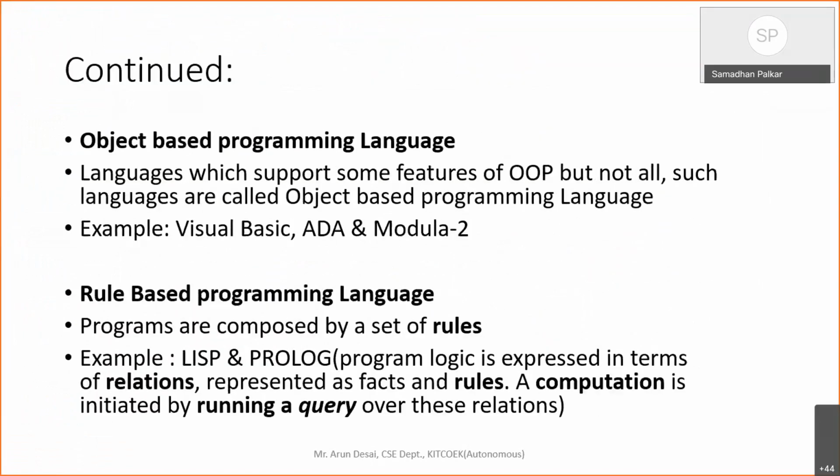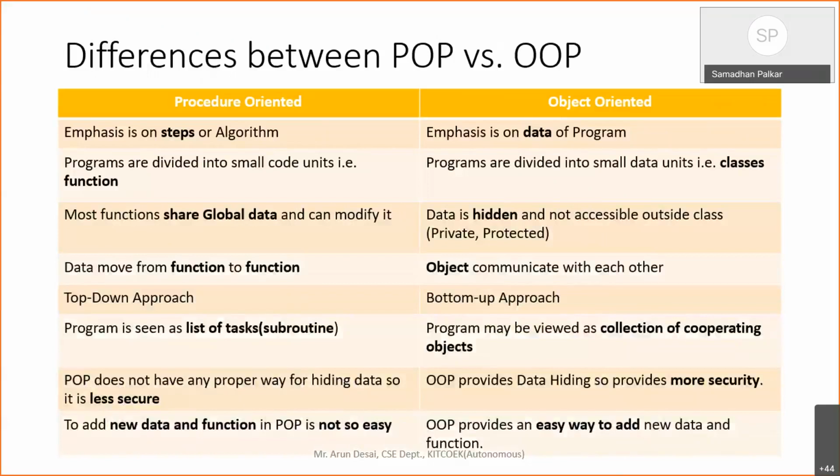Then we checked what other things there are as classification, like object-based programming and rule-based programming. Then we saw what differences there are between procedural-oriented and object-oriented programming.